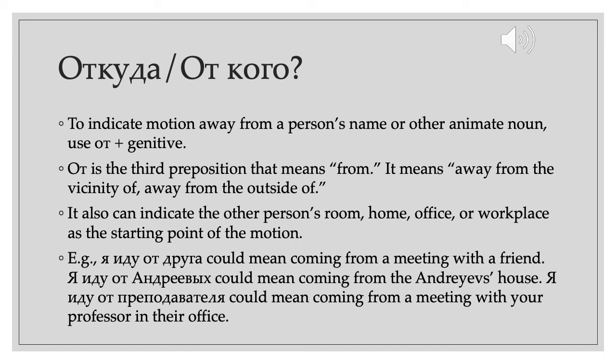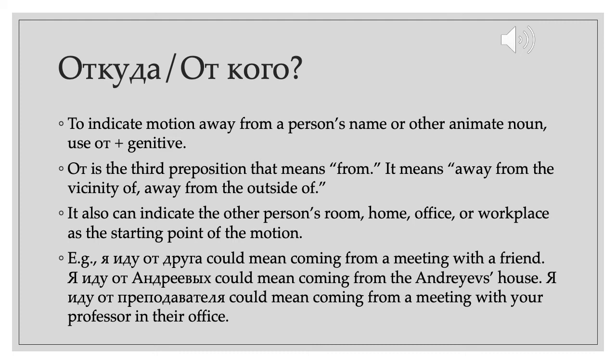You moved away from their exterior. And once again, it can indicate the other person's room, their home, their office, or their workplace as the starting point of the motion. Those are just dependent on context. The important thing that it tells you is that the reference is this other person, not a place.